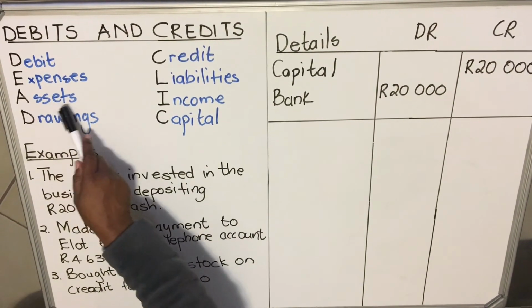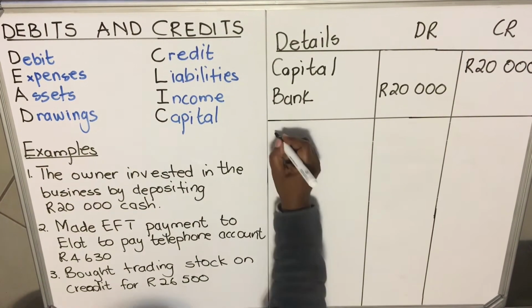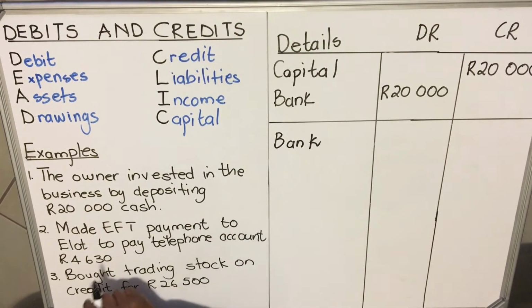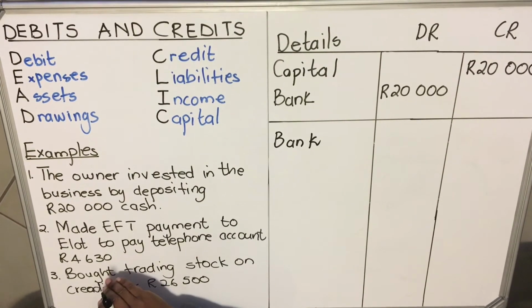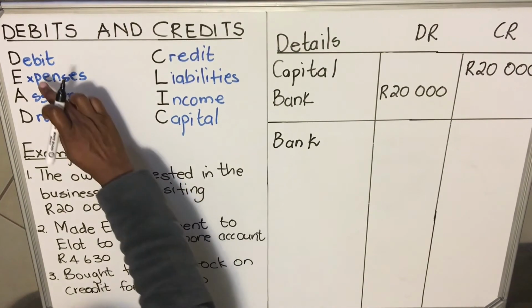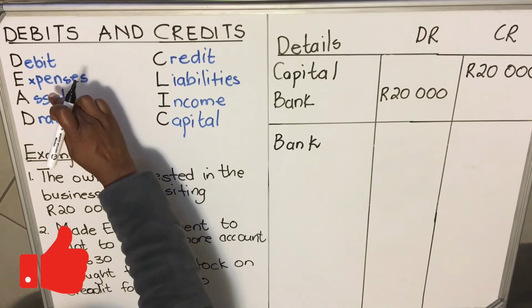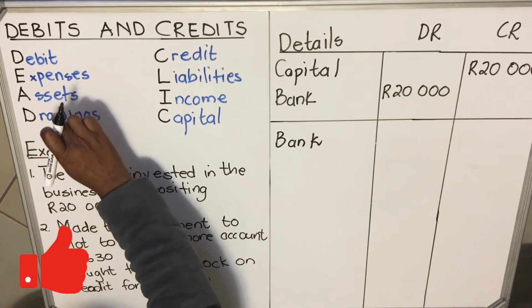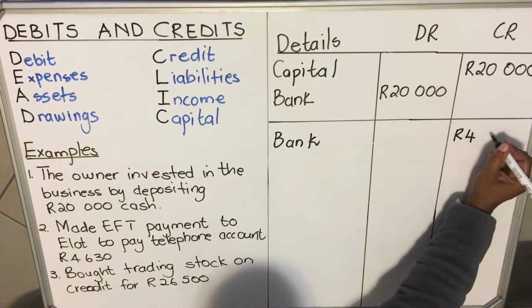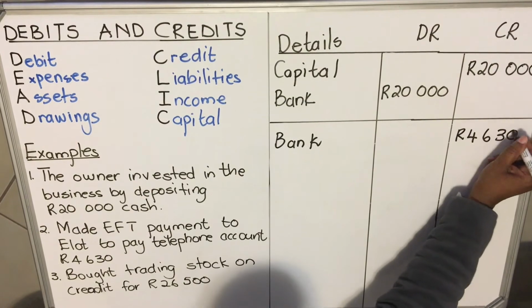It's in the debit because it's an asset. So in our detail we'll have bank, and our bank is going to decrease because we're going to pay this amount. We debit when it increases; because it decreases, we're going to credit the bank with 4,630.